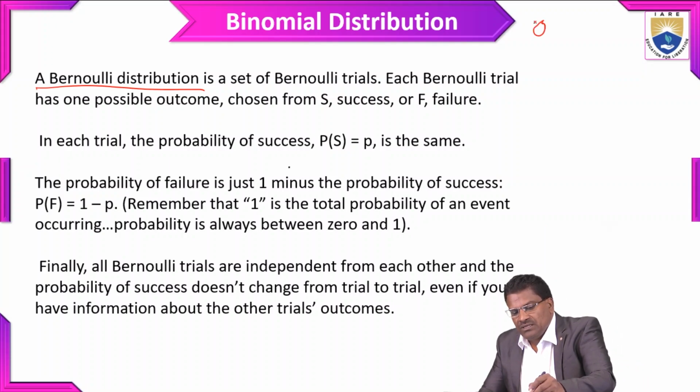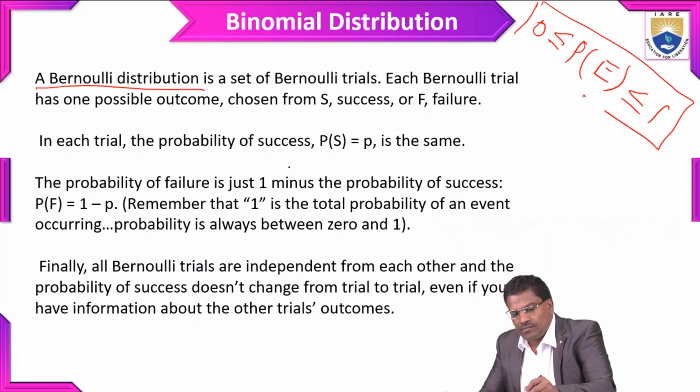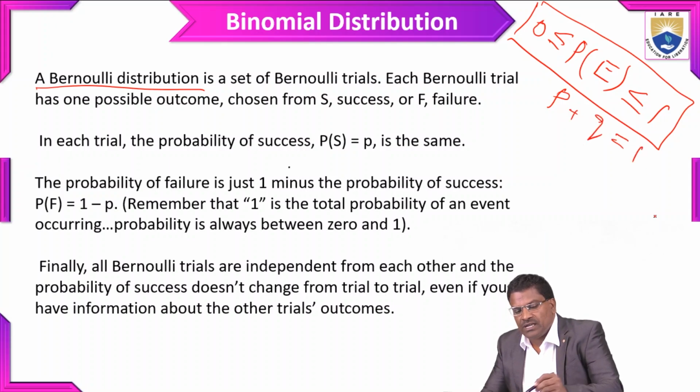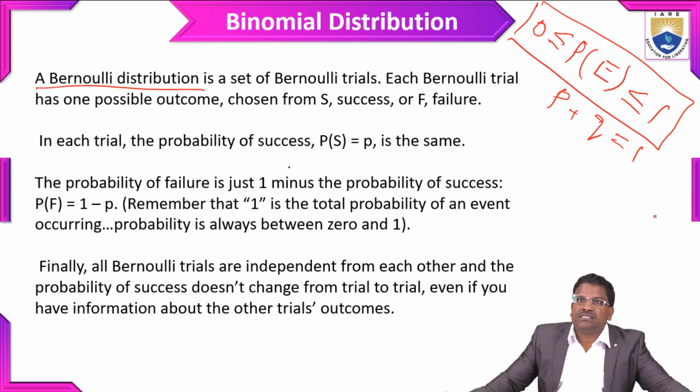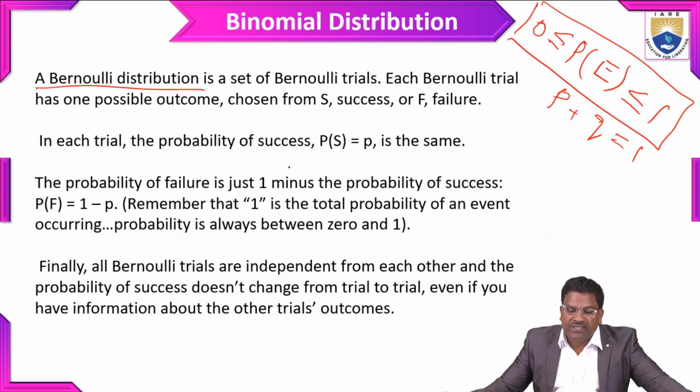We know 0 is less than or equal to P of E, which is less than or equal to 1. And success probability plus failure probability is equal to 1. These things are very familiar to us.